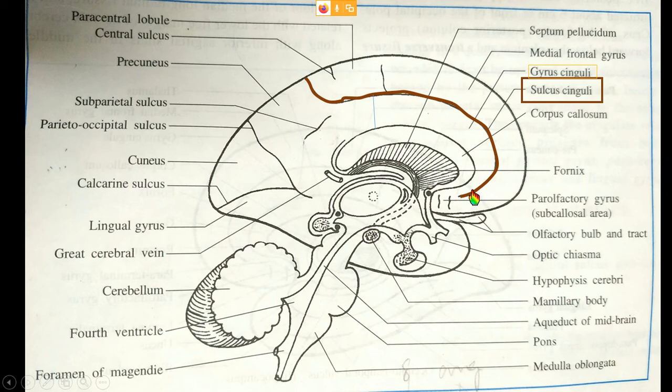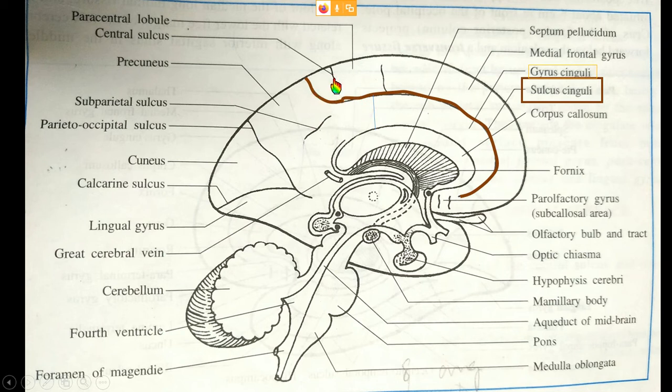Anteriorly, it ends below the genu of the corpus callosum. Posteriorly, it turns upwards to reach the superomedial border of the hemisphere, a little behind the upper end of the central sulcus.